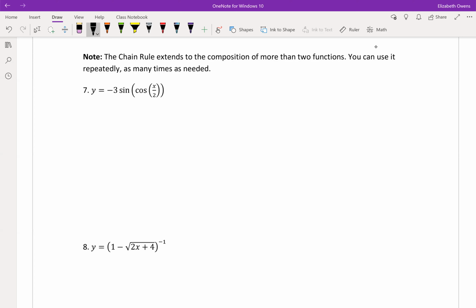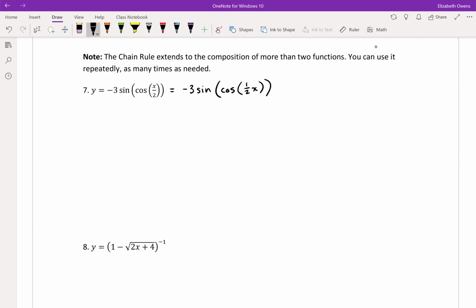So let's look at our first example, where y equals -3 sine of cosine of x over 2. There are definitely multiple layers going on with this function. We've got -3 sine, and inside the sine is a cosine function. Inside the cosine is, I'm going to write that as 1/2 x, just so the coefficient is a little clearer.